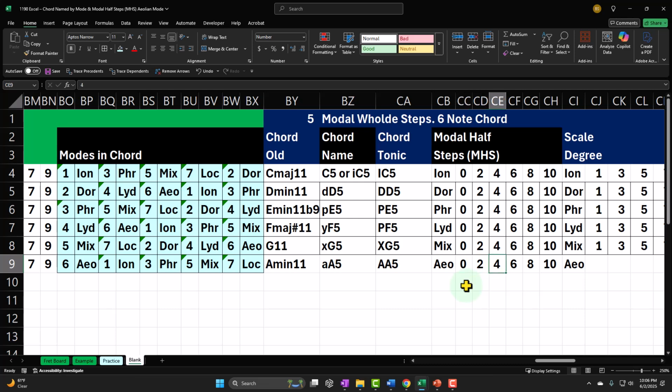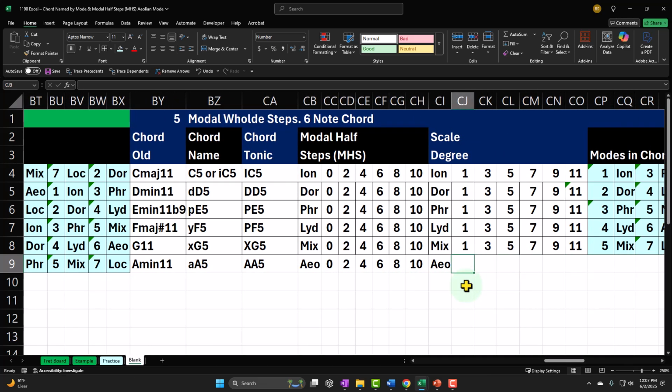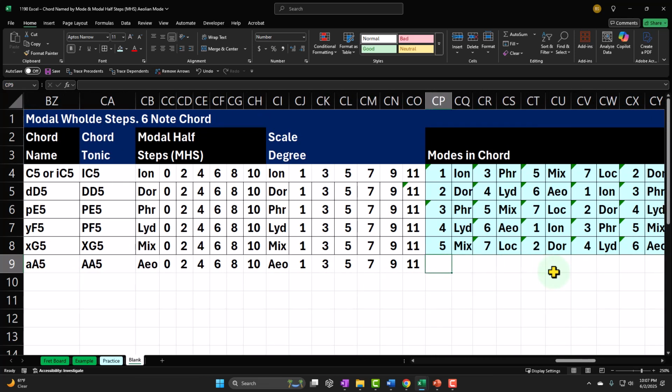How do I convert that to scale degrees? Well, the scale degrees are all off by 1. So if I make the node that we're on not the 6, but the 1, then it would be 1, 3, 5, 7, 9, 11. But I don't want to do that, because now the 1 is what I want it to be.